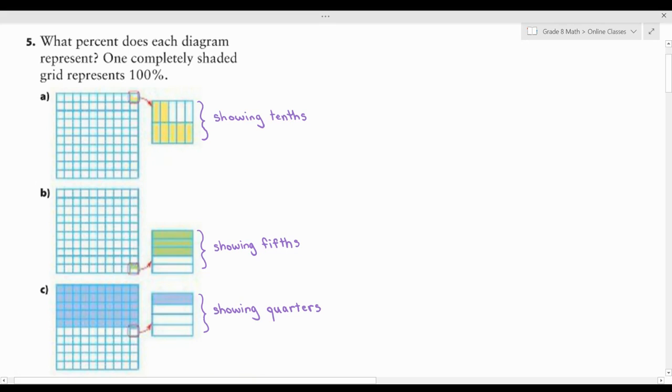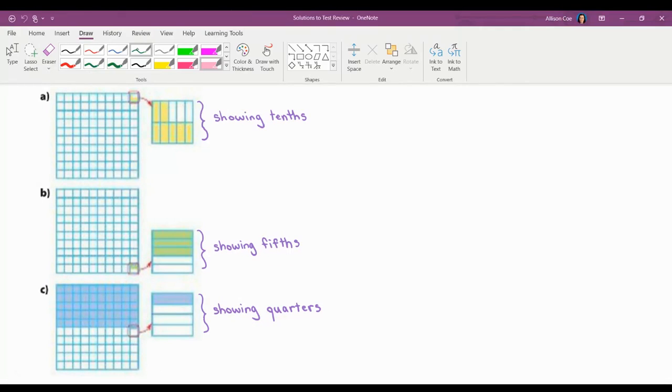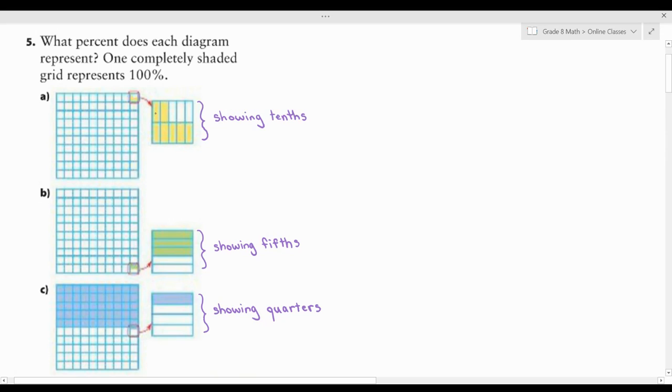Okay, and what I identified is this is actually showing tenths, because if I look, there's 1, 2, 3, 4, 5, 6, 7, 8, 9, 10 sections. So that's why I know that's showing tenths. Then I'm going to count the sections that are colored. There's 1, 2, 3, 4, 5, 6, 7. So what this is showing us is 7 tenths of a percent.